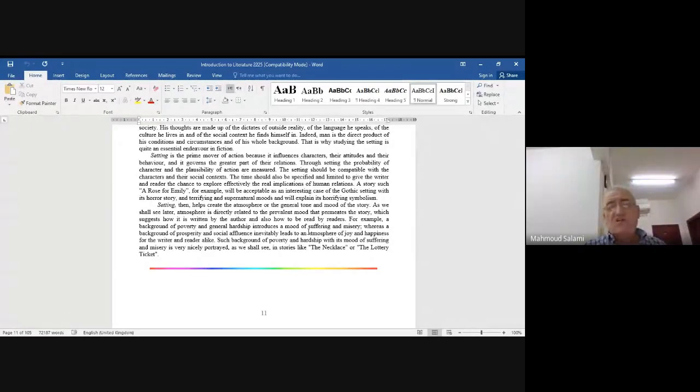We shall see the place and time and how they are very influential and very effectual.